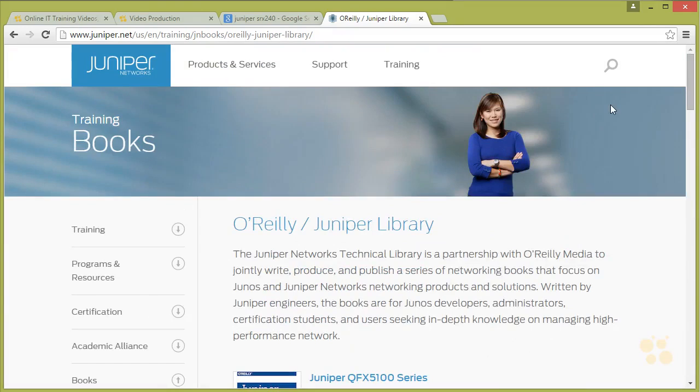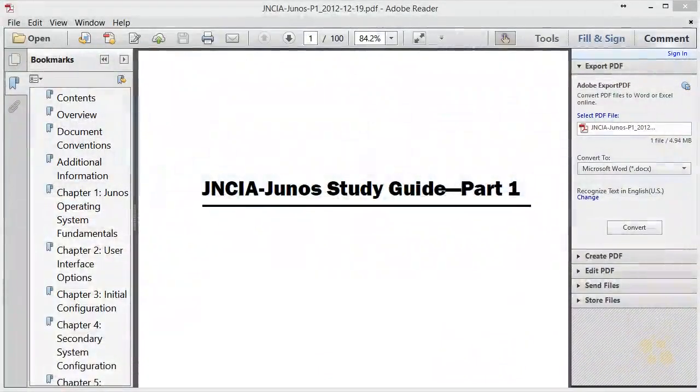Now, if you don't want to shell out any money, though, and you do want to read more about most of the topics that you and I are covering together, I've got some great news for you. Inside the Nugget Lab files, I also have your JNCIA Junos study guide. So you'll see these two PDFs in there, part 1 and part 2.